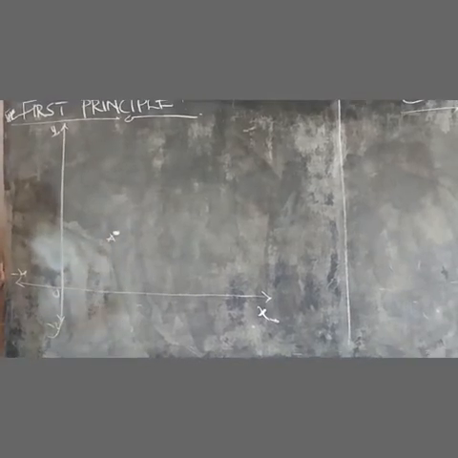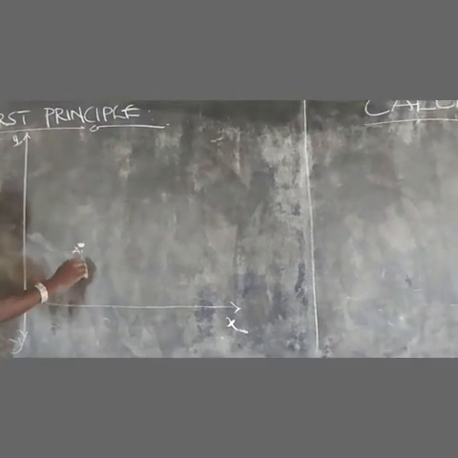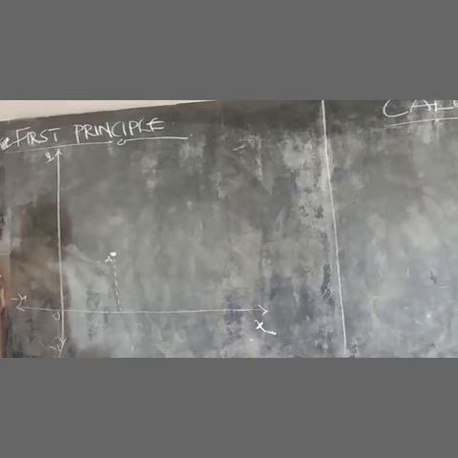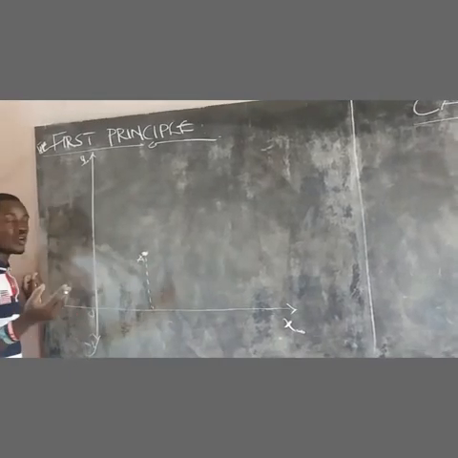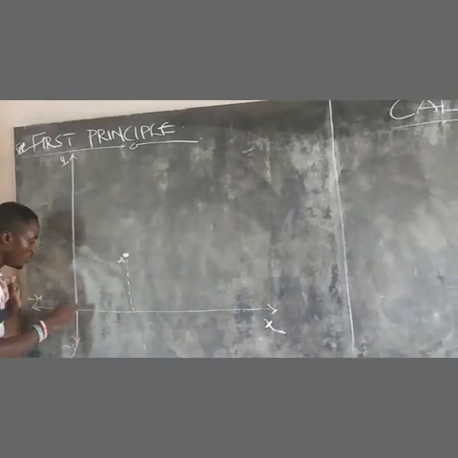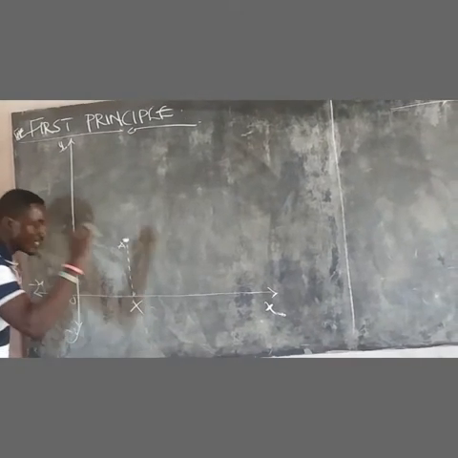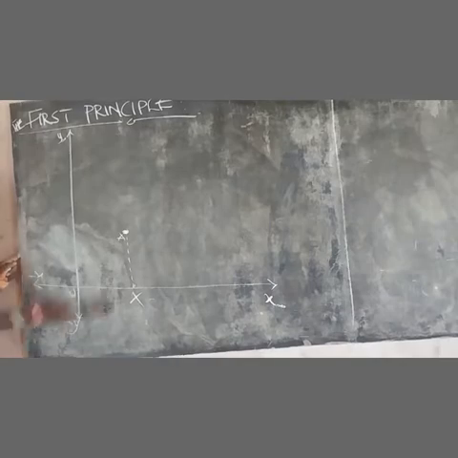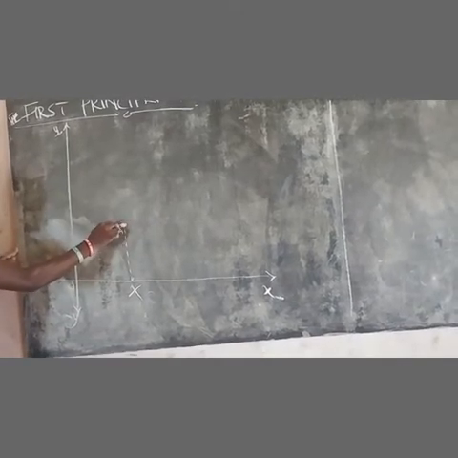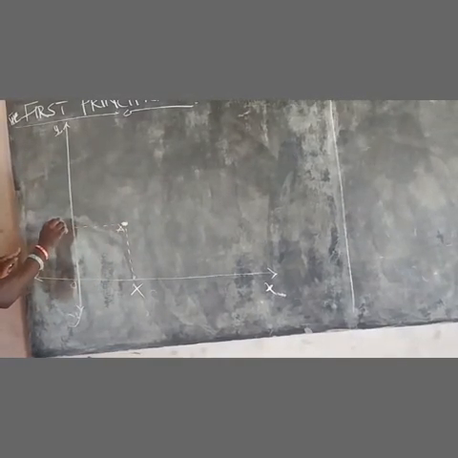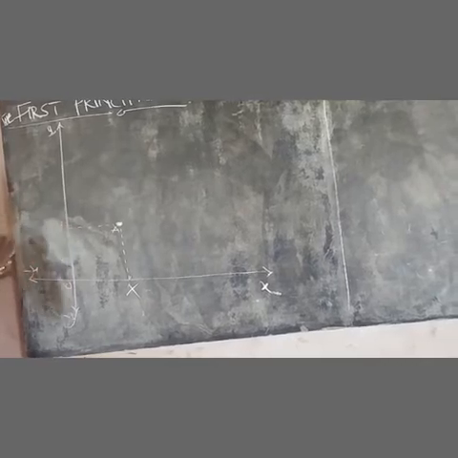So the whole of this line is called x0. Let's say that from the point of origin to this point is x. Then from point A you move towards y, so you can say that this is y.